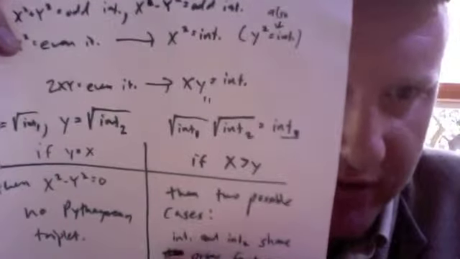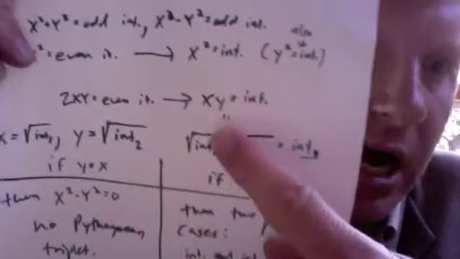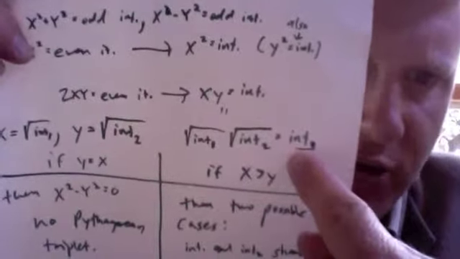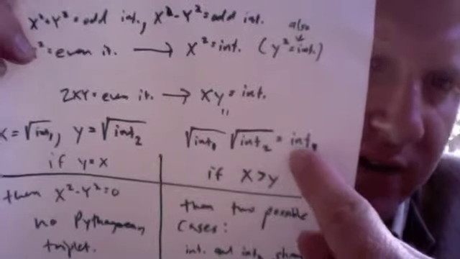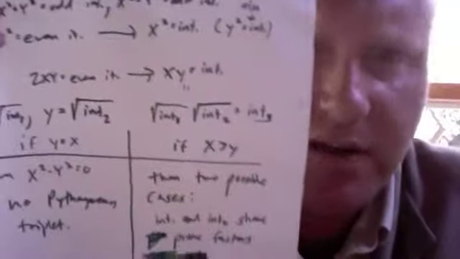If x is greater than y, and x must be greater than y for this to be a scalar, then two possible cases. Integer 1 and integer 2 share prime factors, because again, you need to multiply these together such that you have the square root of some kind of a square integer.